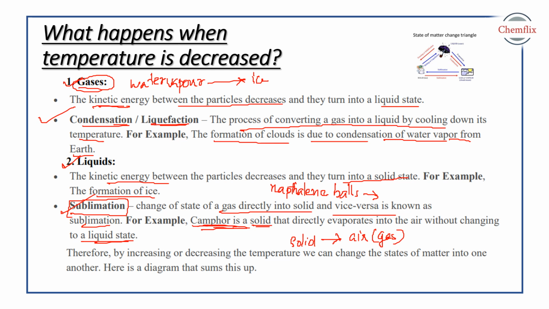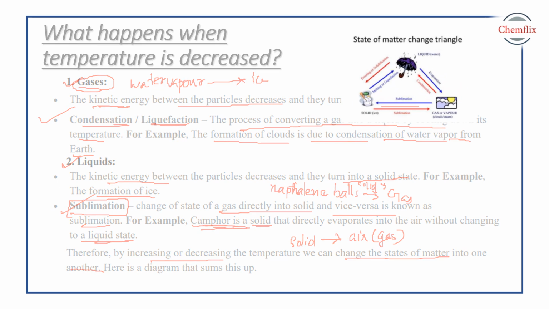You cannot see the naphthalene balls anymore. Sublimation happens: the naphthalene ball directly changes its state from solid to gas. Therefore, by increasing or decreasing the temperature, we can change the state of matter from one to another.